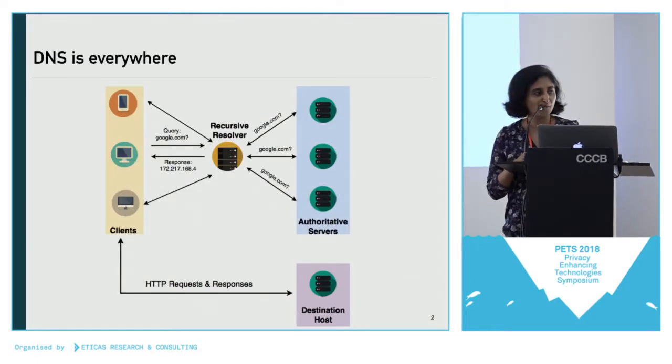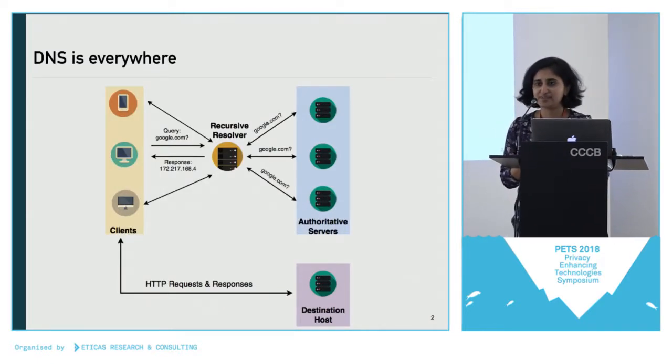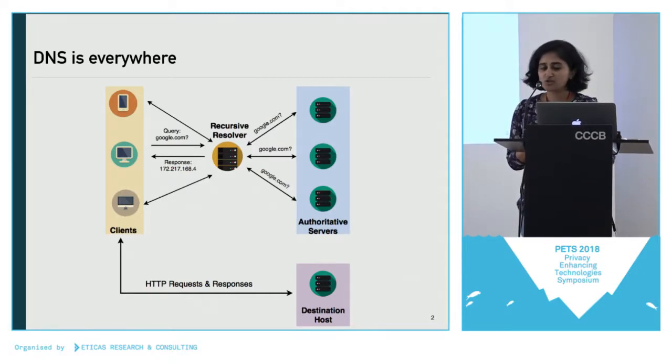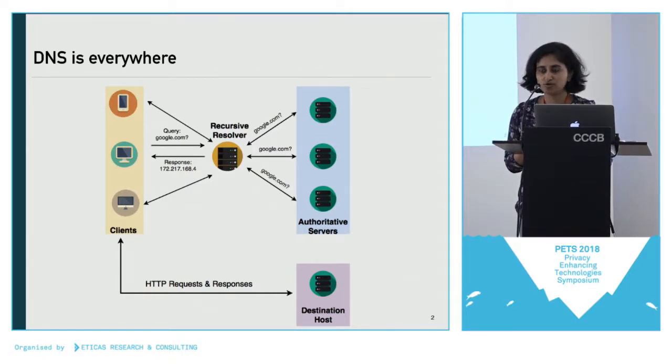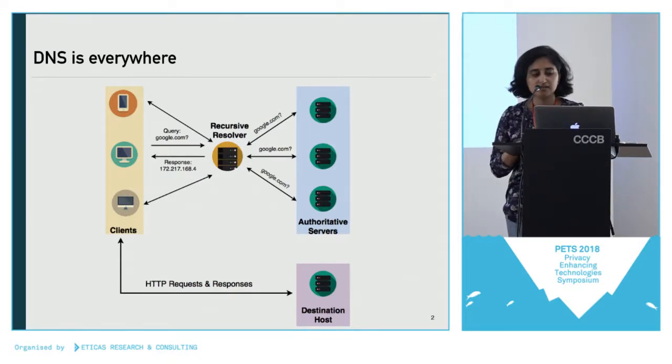As we all know, almost every connection on the internet is preceded by a DNS lookup. Let's say we have a client, and the client wants to find out what the IP address is for a particular domain name. The client sends this domain name as a DNS query to a recursive resolver.